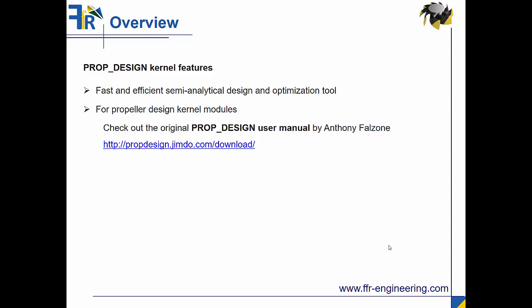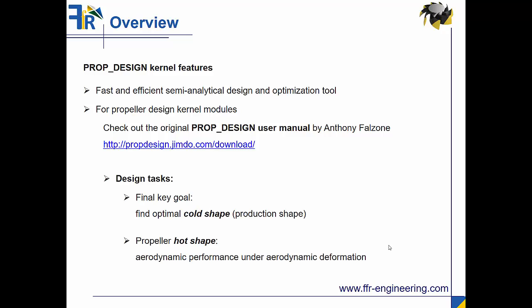We just ported them to modern Fortran. So I will heavily link to the user manual by Anthony Falzone for more references about the real features of the kernel itself. Until now we have focused more on the wrapper around it and making it usable, for example, in C, C++, and the graphical interface.